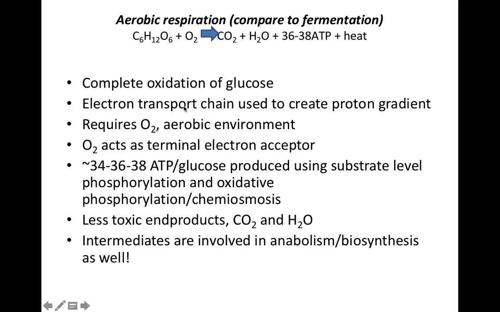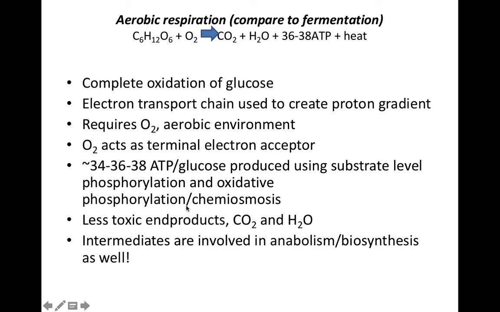Here we have an electron transport chain that's going to use high energy electrons from those organic molecules to create a proton gradient across a membrane. It requires oxygen in an aerobic environment. Molecular oxygen acts as a terminal electron acceptor. This is the more accurate range of ATP production. And later we're going to see, folks, that the ATP is produced using a combination of substrate level phosphorylation and oxidative phosphorylation.